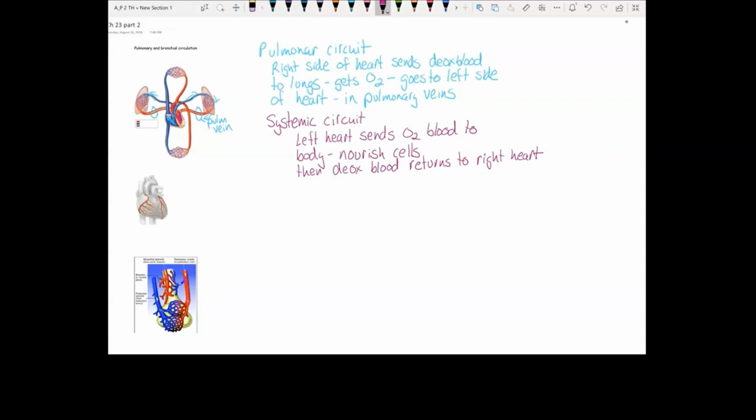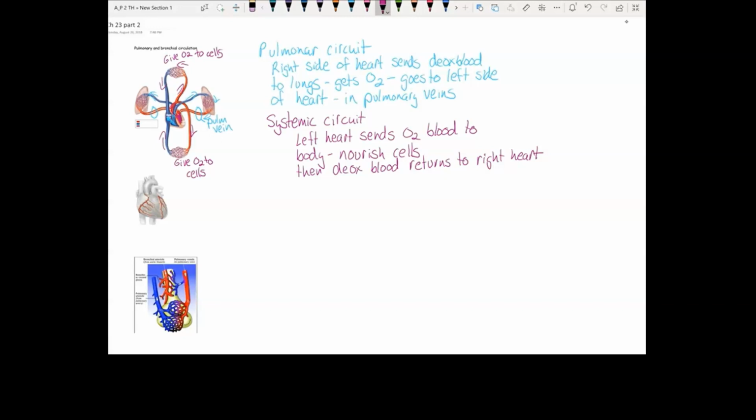It sends it up to the aorta, which branches into systemic arteries, which we learned in chapter 20. You go through the systemic capillaries where you give oxygen to the cells. Down here also. Then the deoxygenated blood comes back through the vena cava into the right side of the heart.